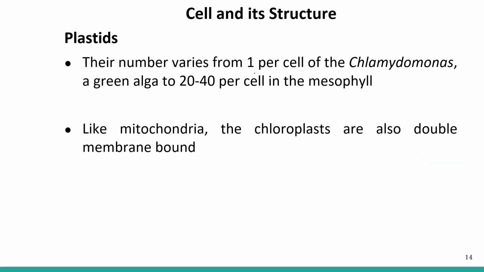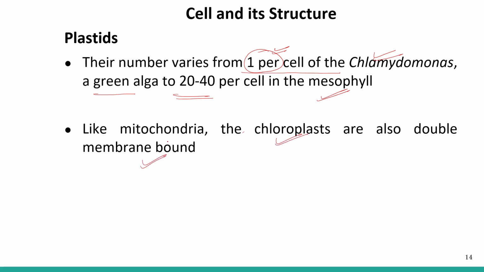The number varies from 1 per cell in the green alga Chlamydomonas, to 20 to 40 per cell in the case of mesophyll cells of the leaves. So like mitochondria, the chloroplasts are also double membrane bound.